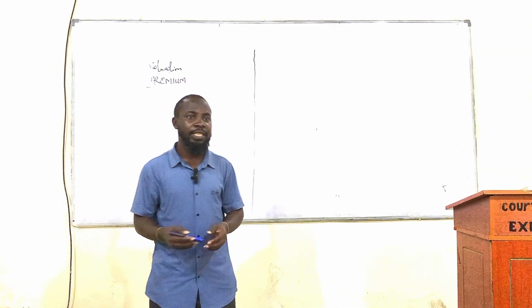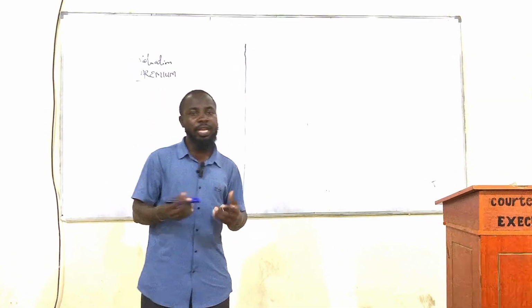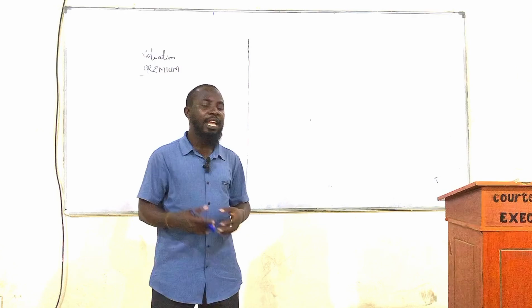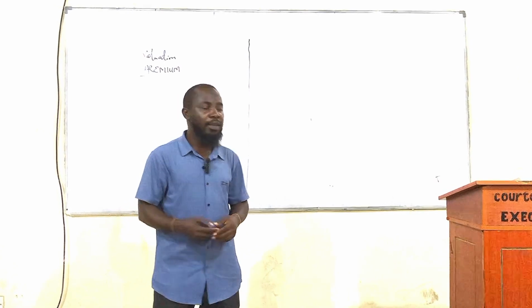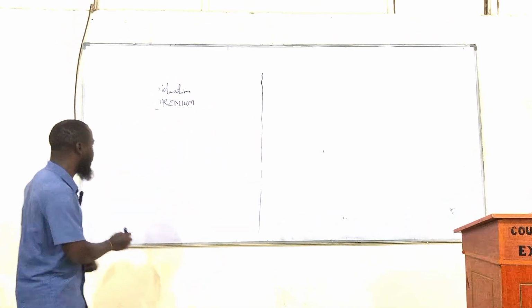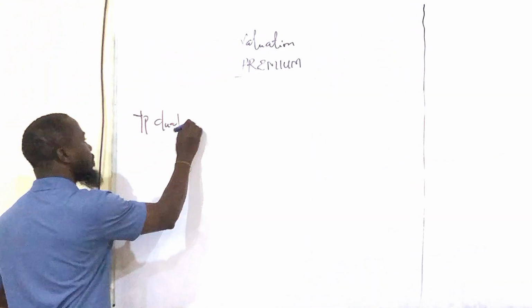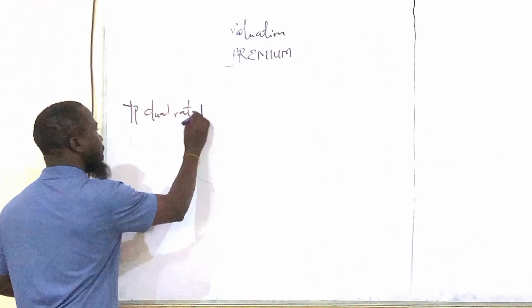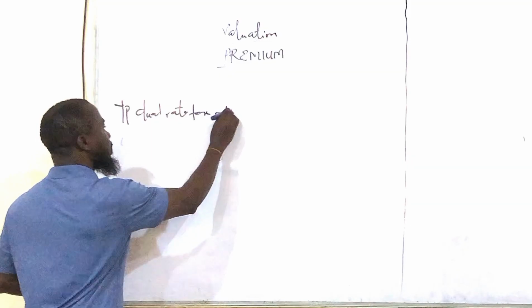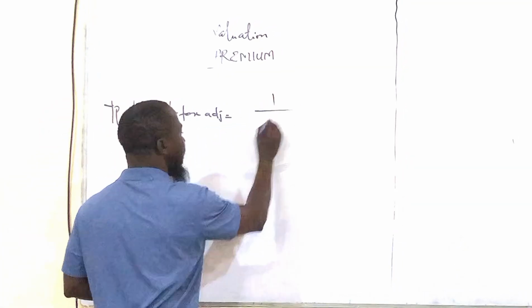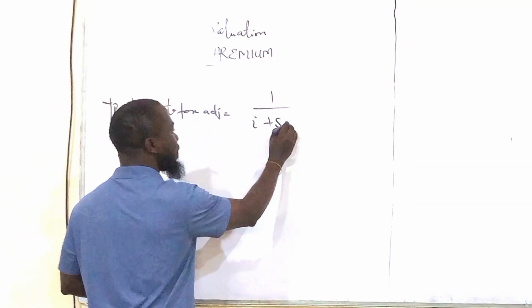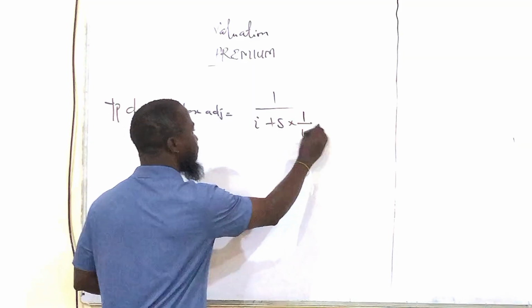One thing we need to understand is how to calculate our YP dual rate adjustable for tax. The formula for YP dual rate tax adjusted is 1 all over I plus S times 1 all over 1 minus tax.